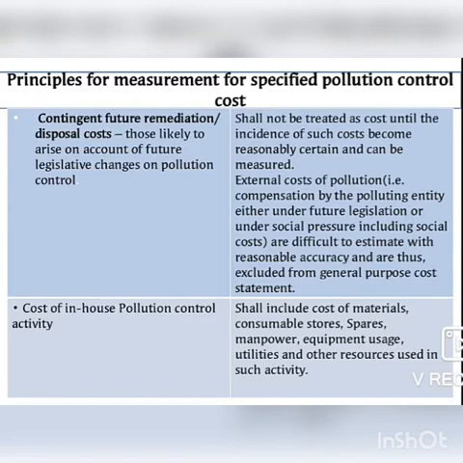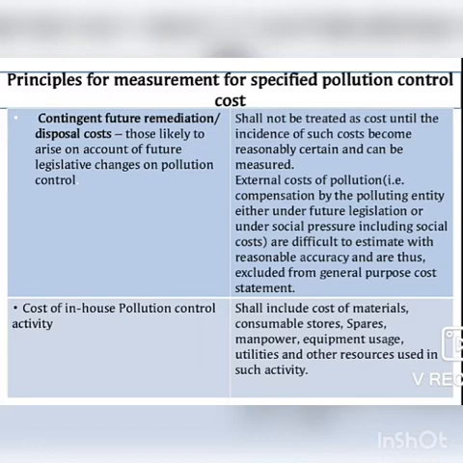Next point is contingent future remediation or disposal cost, those likely to arise on account of future legislative changes on pollution. Here contingent future remediation means a cost which is contingent on some activity. For example, if the Modi government comes in the next election in 2021, then they will enact this particular law, because of which the industry will incur 10 lakh rupees.